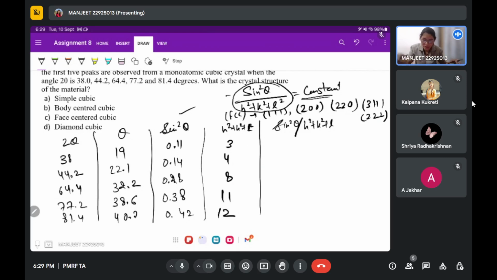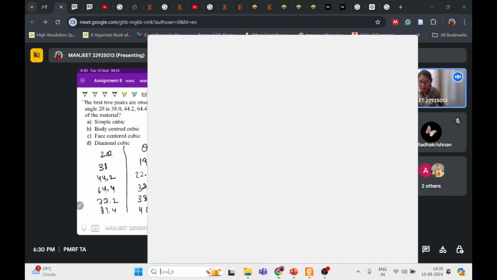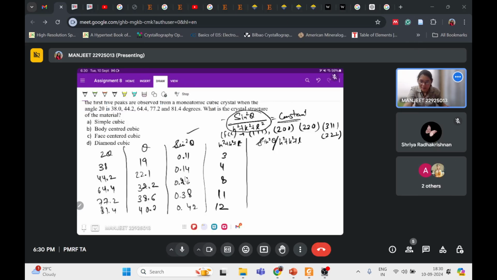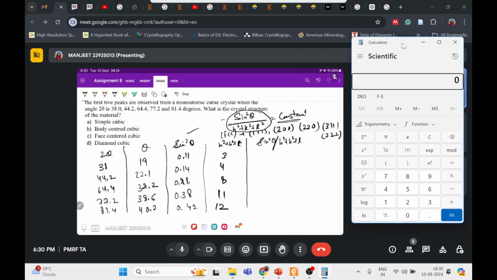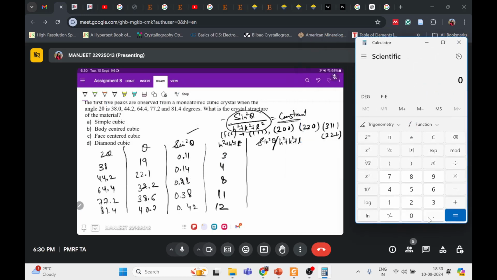Okay, let me calculate it. 0.111 divided by 3 will give you around 0.0366.